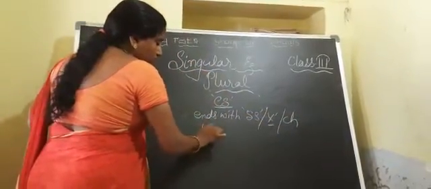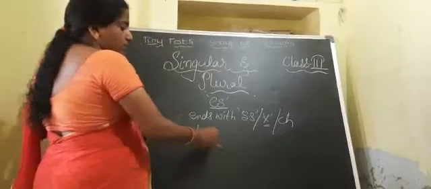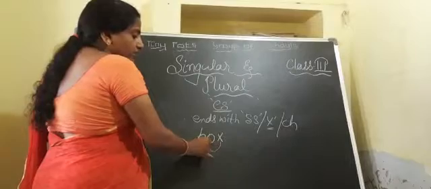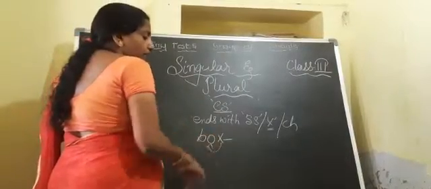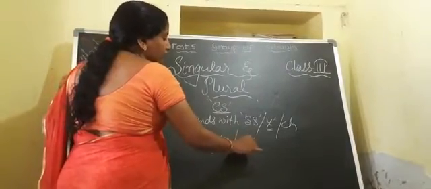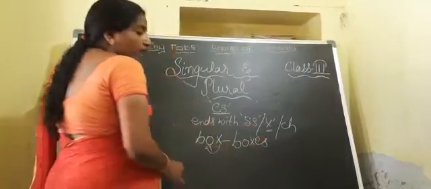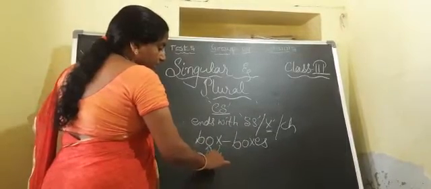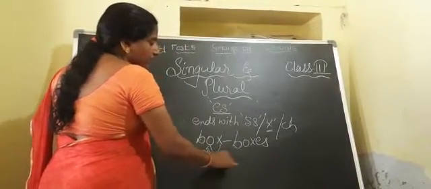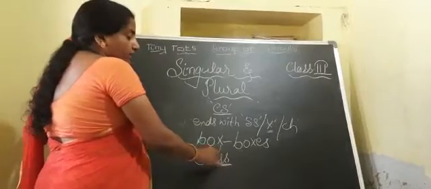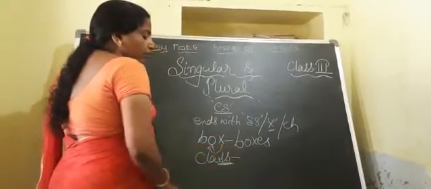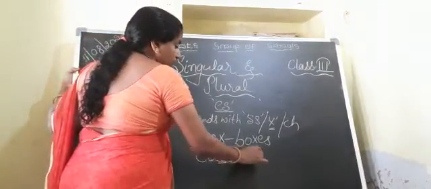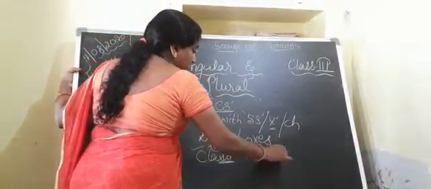Suppose box. See, children, the word ends with x and before x there is a vowel. So to write the plural of such words, we will add es. And another is class. See, children, the word ends with ss. To write the plural for the word class, we have to add es: classes.